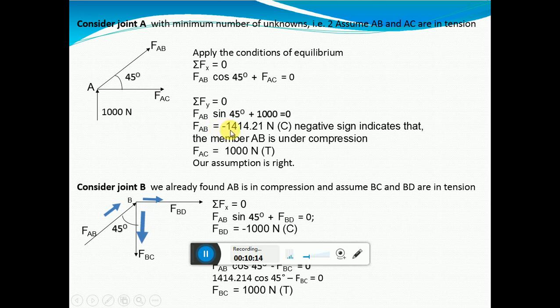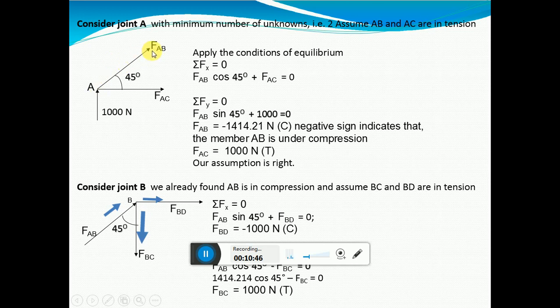Whereas FAB, since you have got minus now, when you consider the next joint, you have to consider the direction opposite. That is, initially it should have been going outside, even from the point B, arrow mark should have been outside, tension. But since you found out that AB is in compression, please change the arrow towards B. Now don't get confused that the A arrow mark was pointing towards B only.